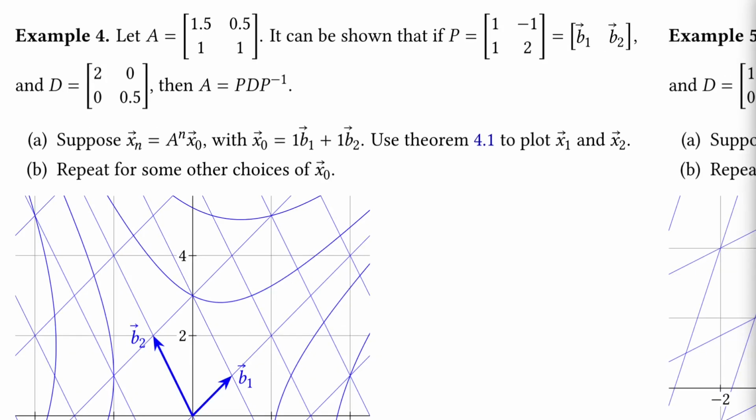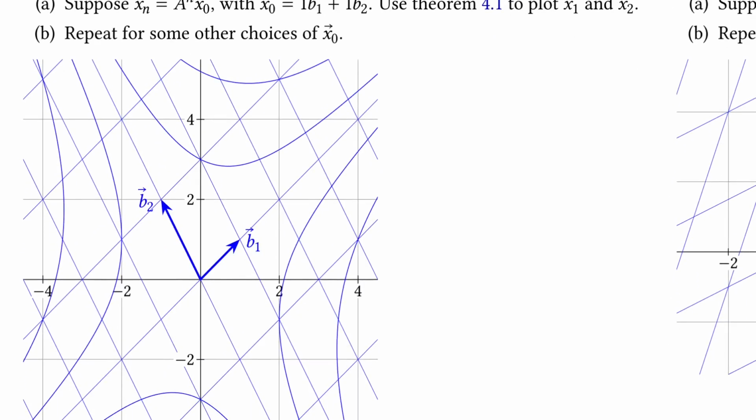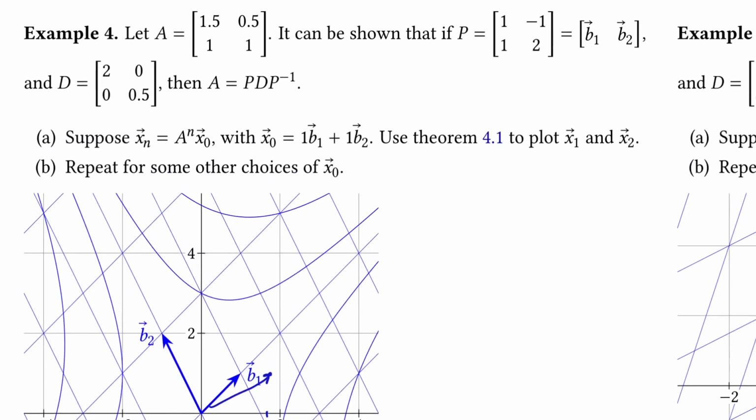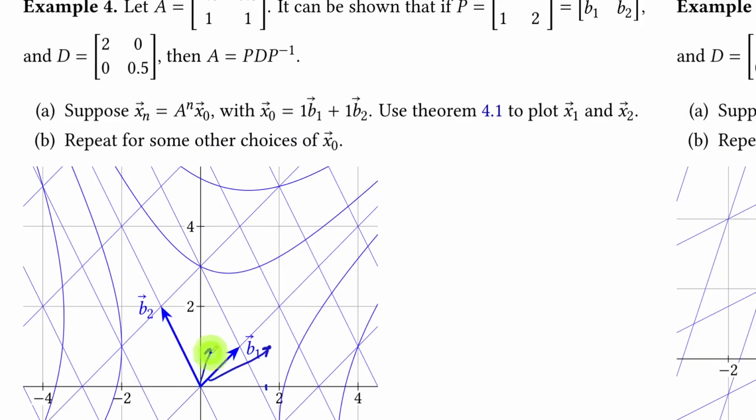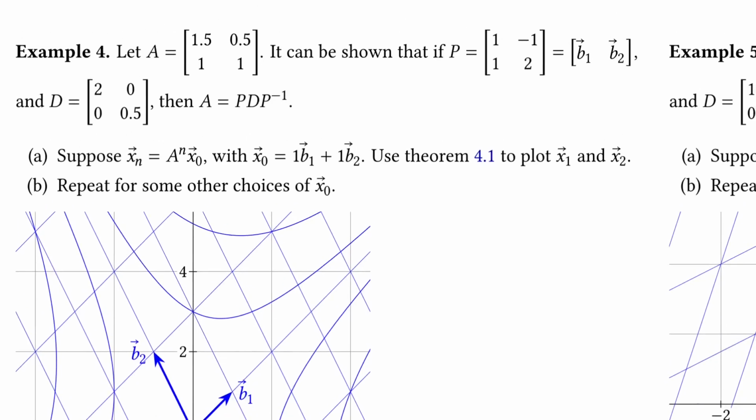What we have is this random looking matrix A with columns 1.51, which is over here, and another column 0.51, which is over here. So the columns of A itself actually have nothing to do with this grid. I mean, they have something to do with the grid, but they're not shown on this picture.